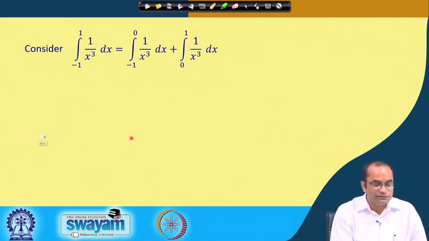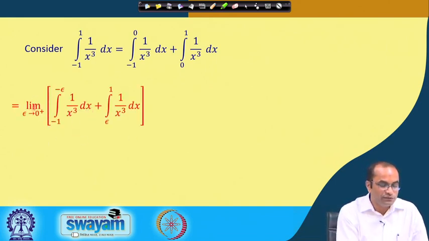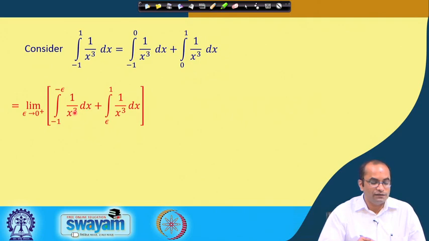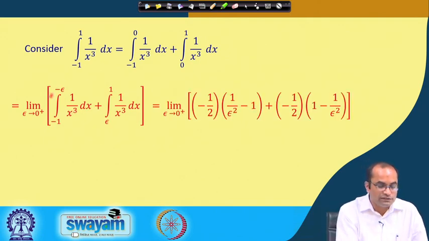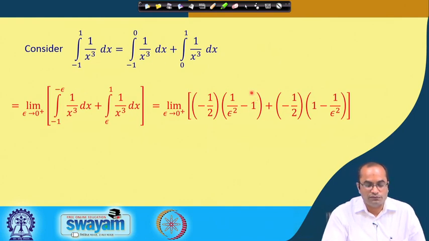If we use the first approach, introducing only one epsilon, what will happen when we compute this? The antiderivative of 1 over x cube is -1 over 2x square, and putting in the limits from -1 to minus epsilon, we get this here. For the second integral again we get 1 minus 1 over epsilon. Now these will cancel out and the limit will be 0 basically.